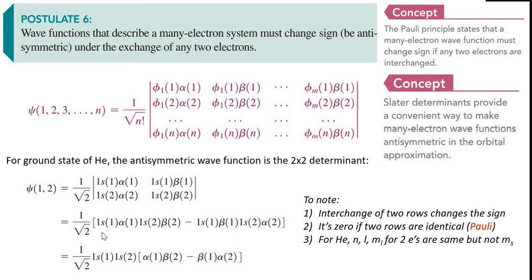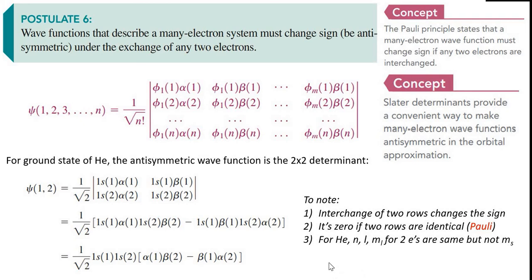That means the whole thing would be the negative of the starting one. So it easily demonstrates that if you express it in the form of a Slater determinant in this way, then you are sure to get an antisymmetric wave function, antisymmetric with reference to exchange of any two electrons.